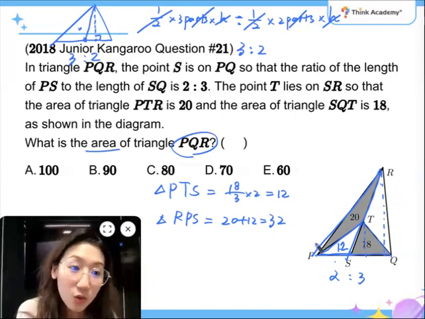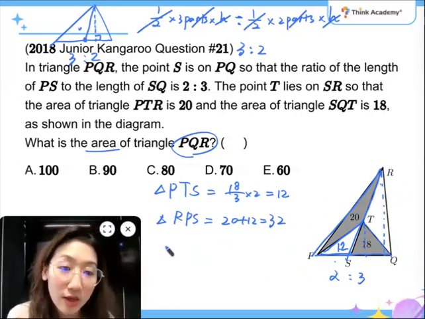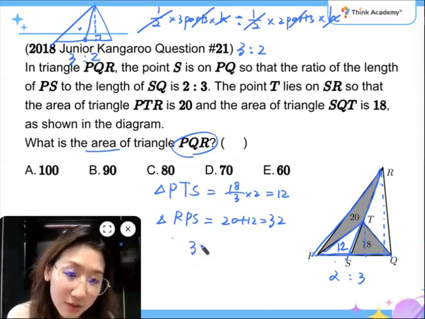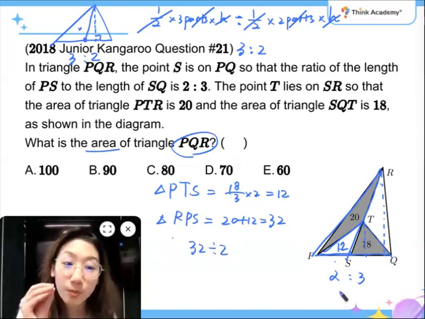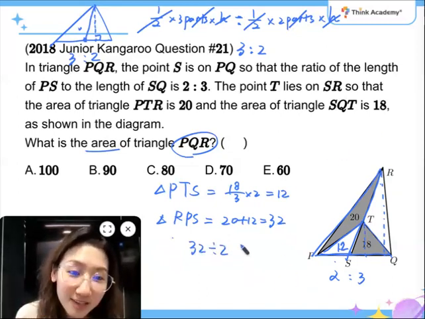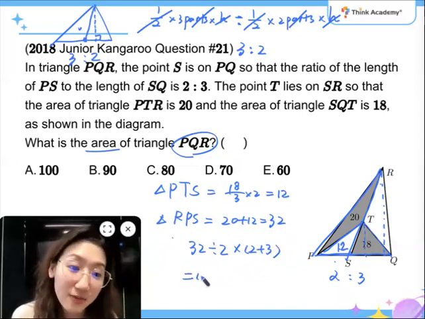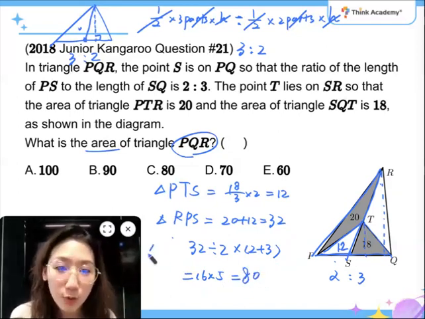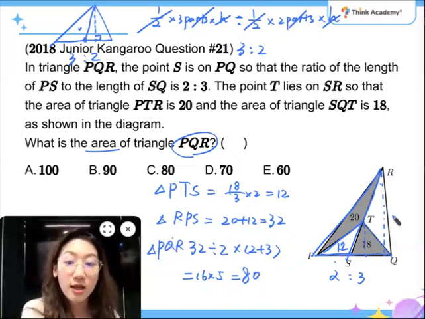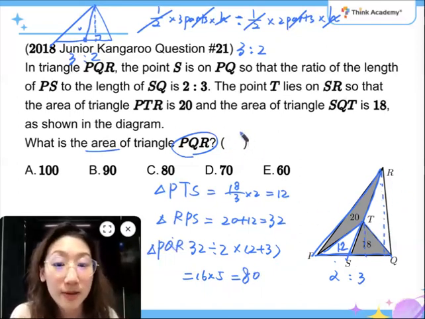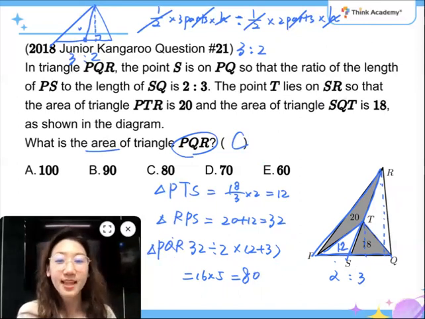So to find the total area, you can do 32 divided by 2 to get each part, which is 16, and there are 5 parts in total. So 16 times 5 gives you 80 straight away for the area of triangle PRQ. Of course, you can find the other triangles and do it step by step, but C is the answer. Nice.